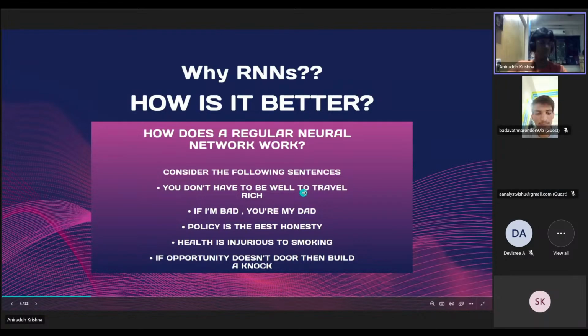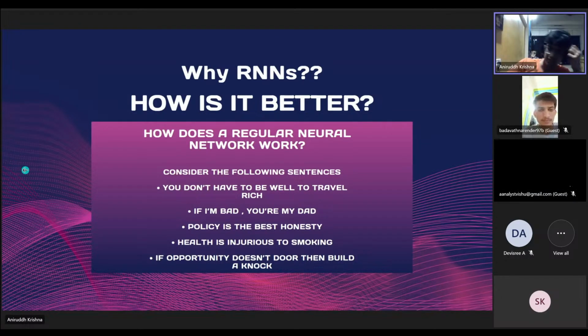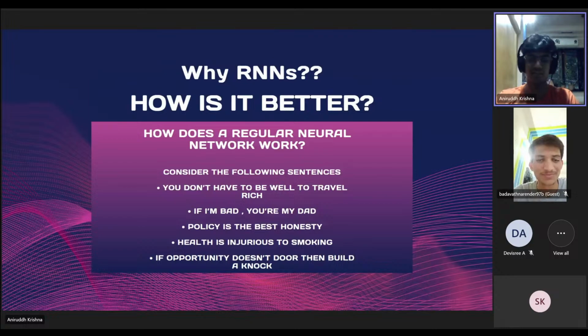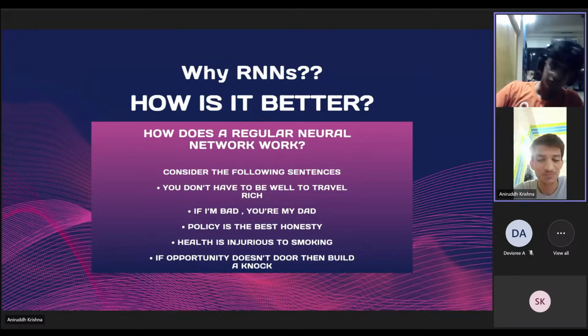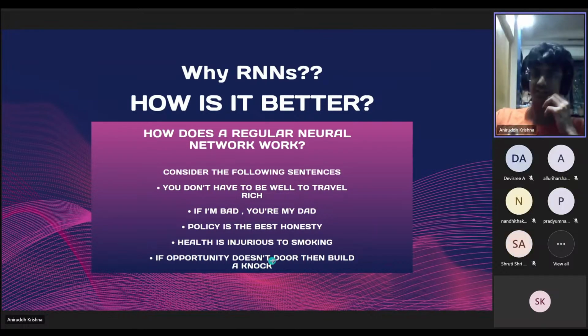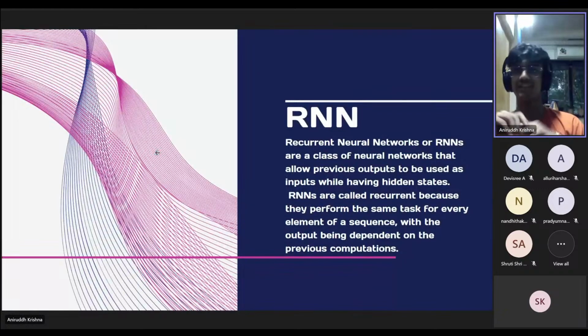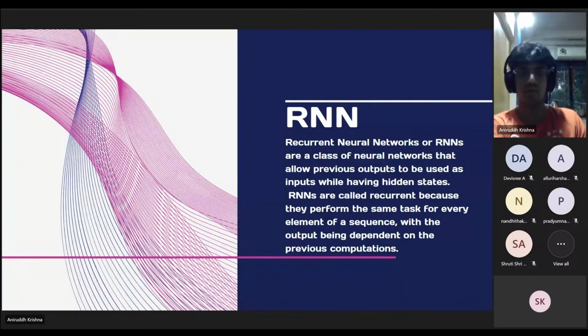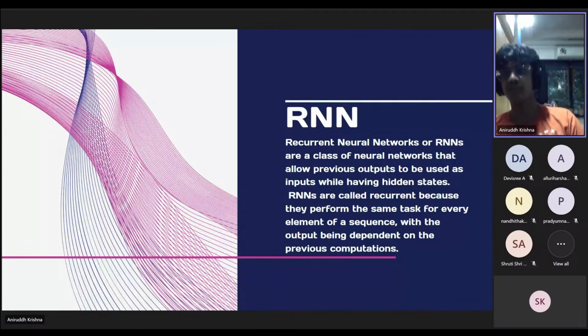Otherwise, we would just be stuck. For example, if we gave these sentences to a regular neural network, it would just give us a generic output as always, even though this information practically does not make any sense. So we'll come to what exactly an RNN is. An RNN is basically just an improvement to regular neural networks where each new hidden state that we generate also takes into account the previous hidden state.